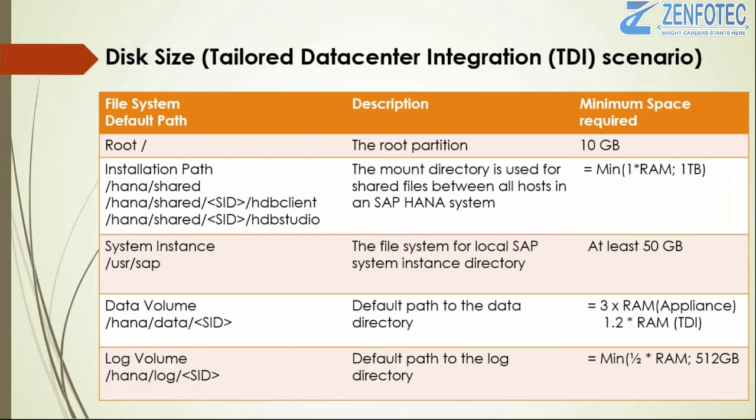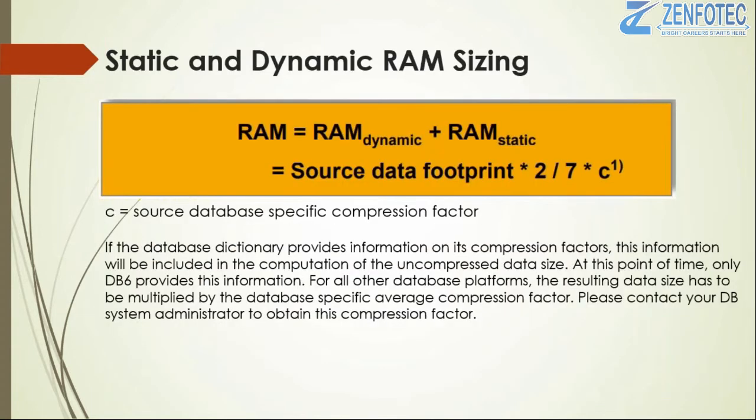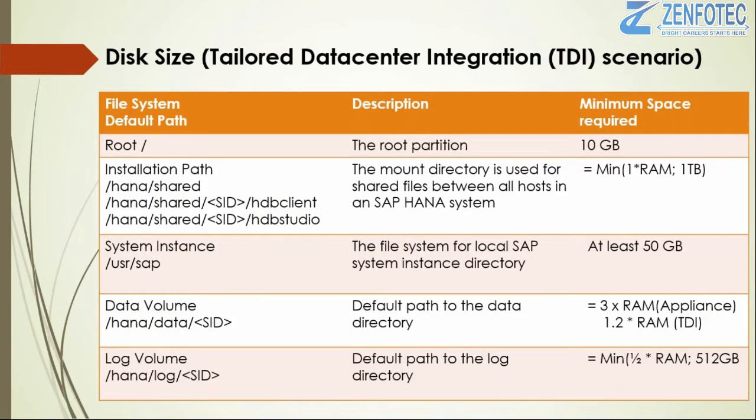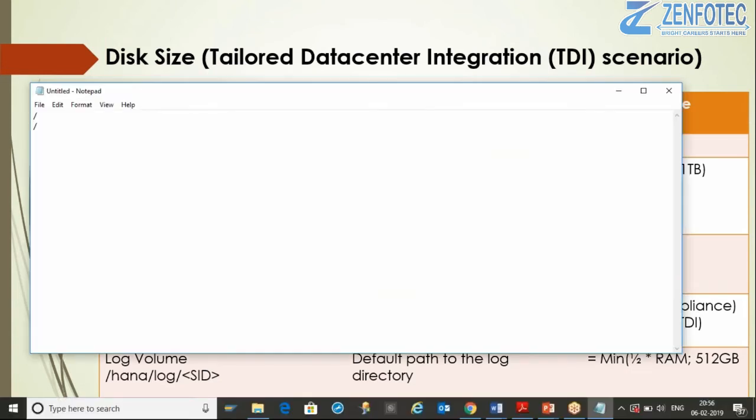Here we will have multiple file systems, starting with root. If you are going with the HANA database installation, we should have these file systems: one is the root, one is /hana/shared, another is /hana/data/SID, then /hana/log/SID, and then one more, /usr/sap.